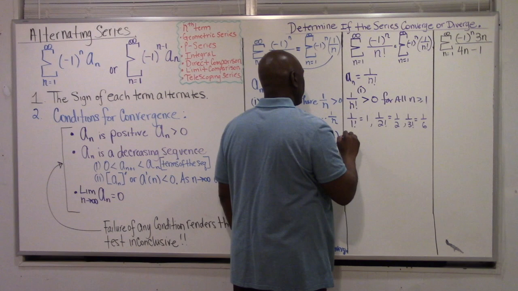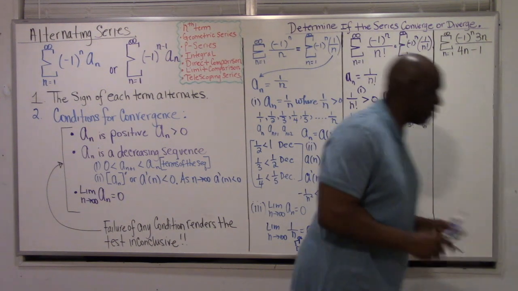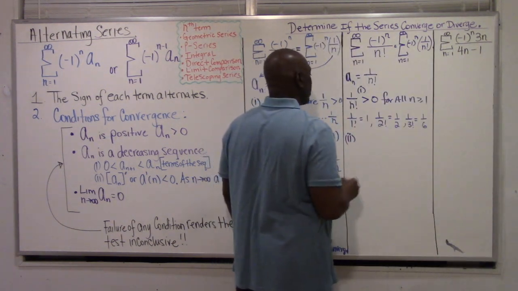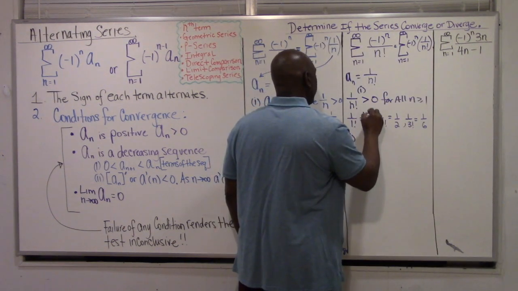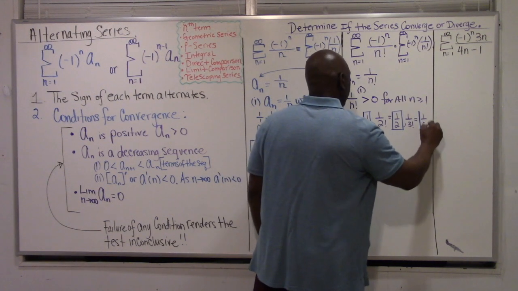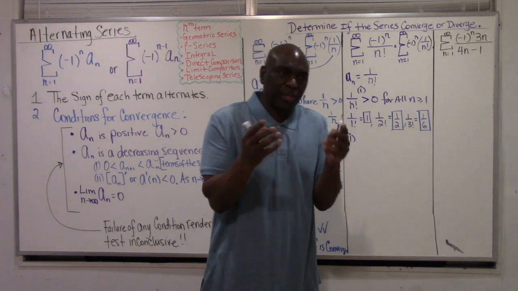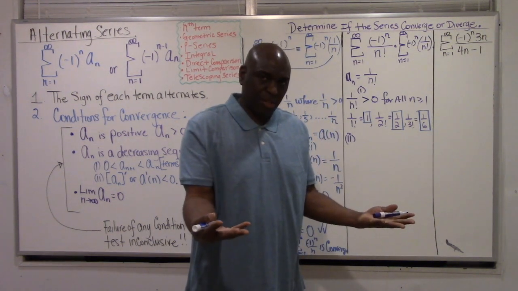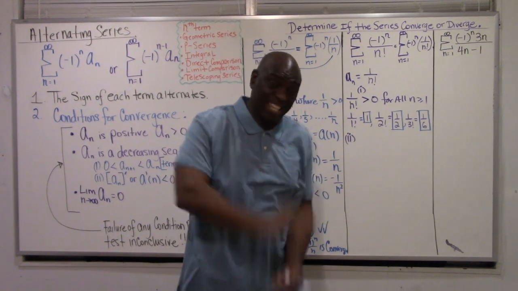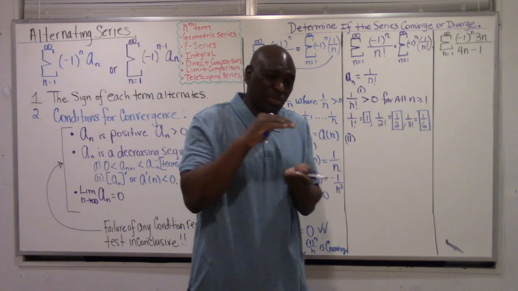Condition 2. Well, with condition 2, I would take a look at the sequence. As you can see, it is decreasing. We go from 1, then down to a half, then down to a sixth. And the larger the denominators get, the smaller the fraction is. Large denominators give me a smaller fraction.